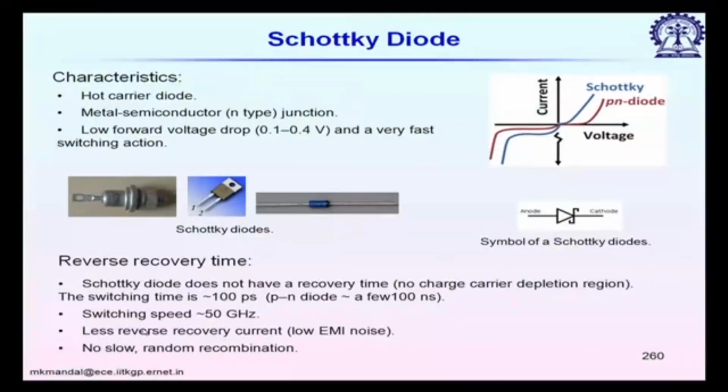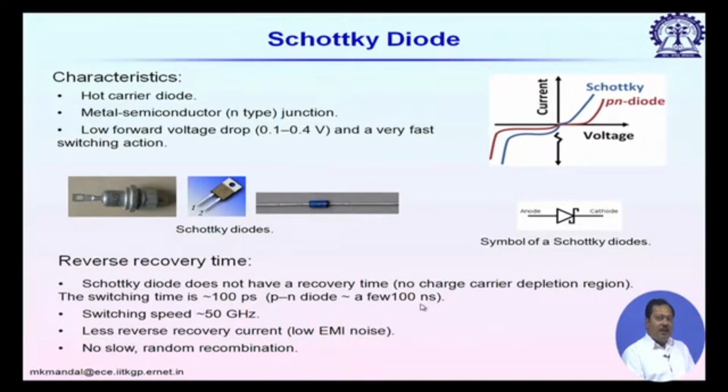Usually it is very small, typically less than 1 picofarad. So, that is why the switching time is of the order of 100 picosecond, and you can compare that with the typical switching time for a PN junction diode, which is 100 nanosecond.